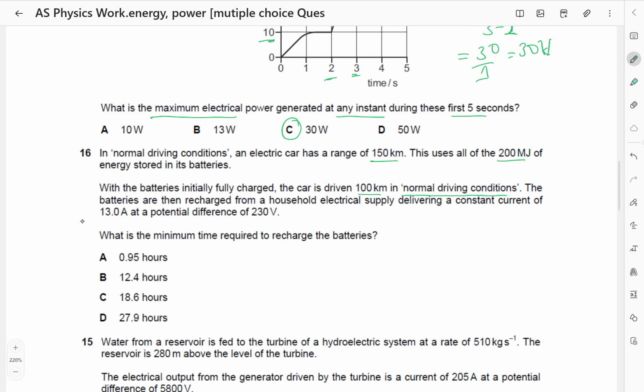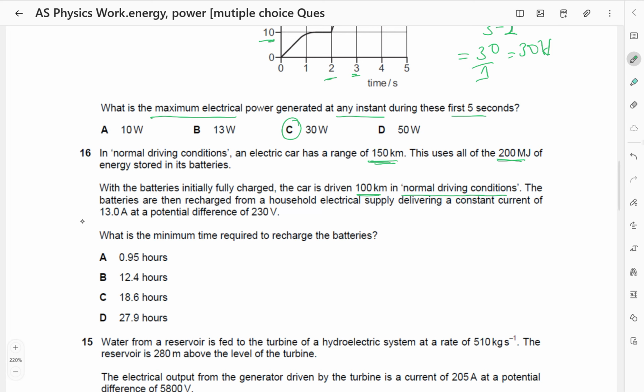We can find the energy here. If 150 kilometers uses all the 200 megajoules, then what amount of energy is used for 100 kilometers?